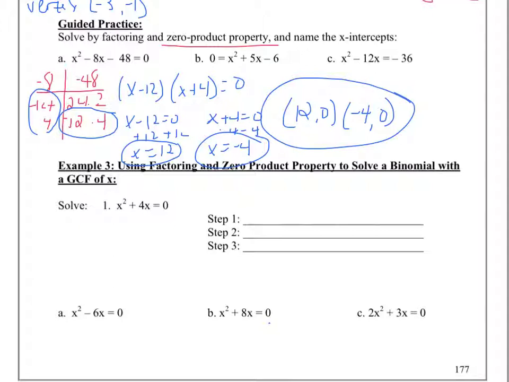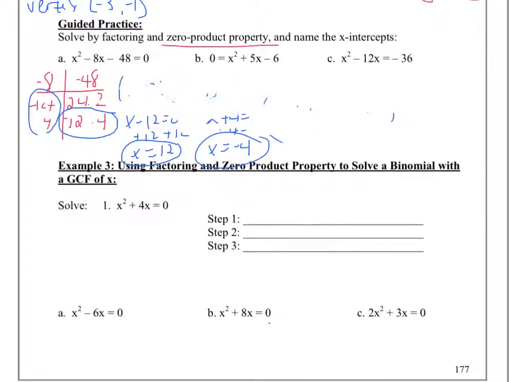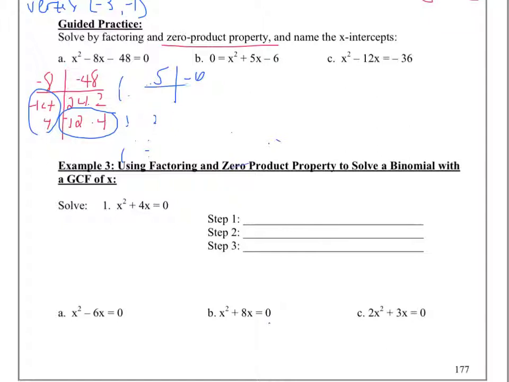Alright, so let's pause the video and I'd like you to try part B and part C on your own. Alright, let me erase this to get a little bit more room. And let's go to part B. Two numbers that multiply to negative 6 and add up to 5.